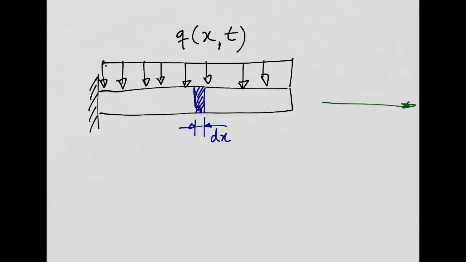And then after getting this equation of motion, we are going to see how we can solve it for different boundary conditions of the beam. Clamped or pinned or pinned with a spring on the other end, or different boundary conditions.